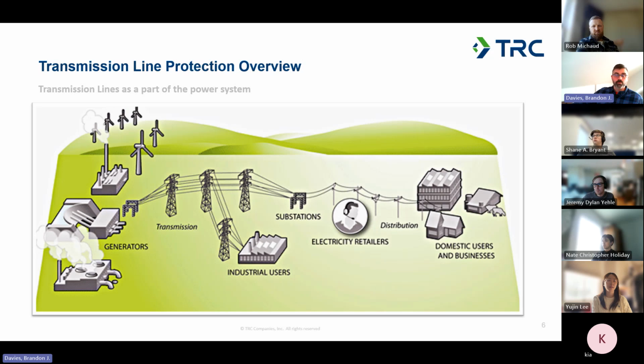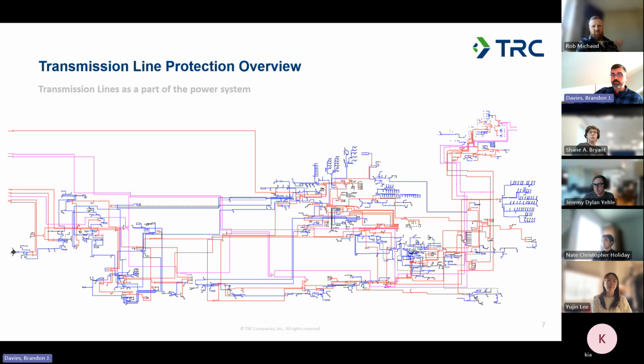We're talking about a very wide interconnected grid of dozens or hundreds of transmission lines that make up the power system. So this is a zoomed out view of a portion of the New England grid in Aspen, and every one of the lines in here represents a transmission line.